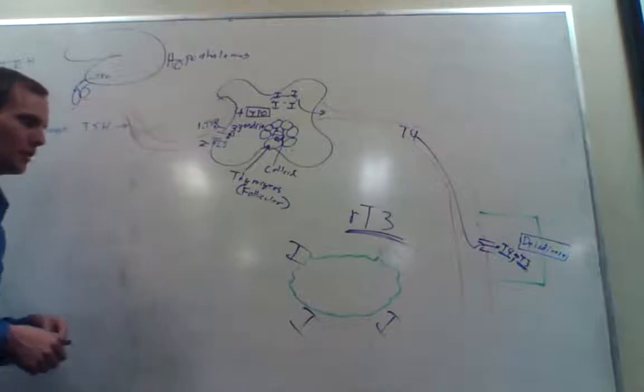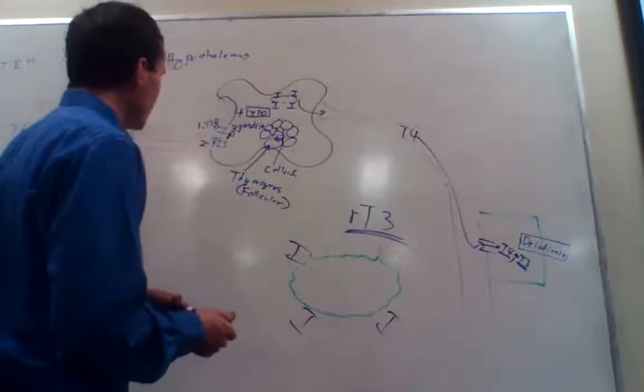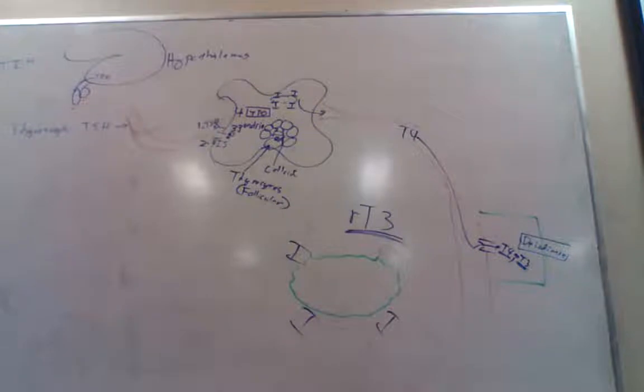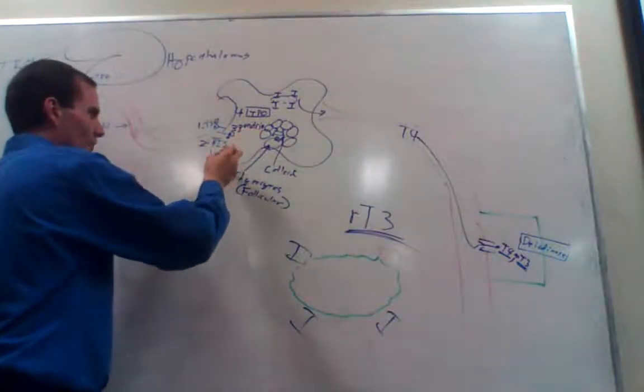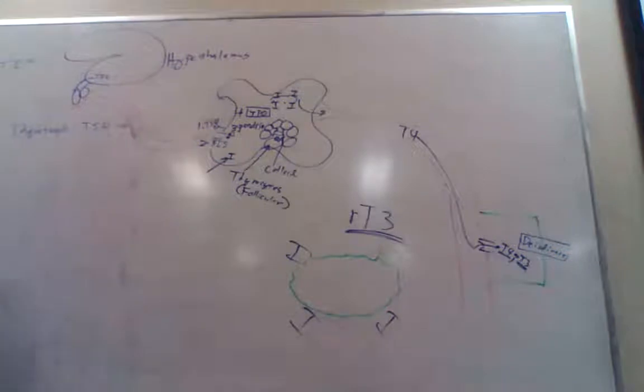A couple other problems you can come across besides reverse T3 are when you have ridiculously high iodine intake. If you have a lot of iodine, then the thyroid is going to get more iodine than it really should.